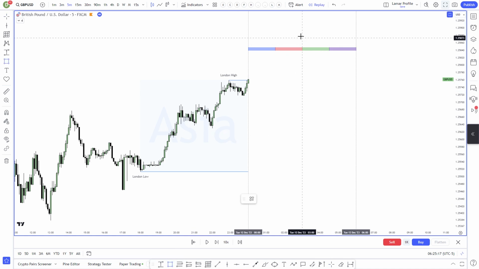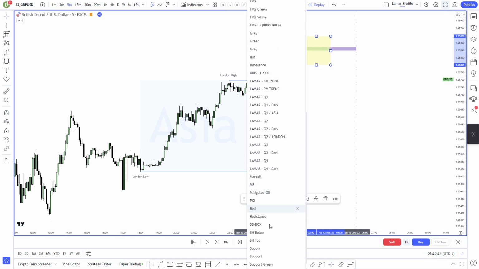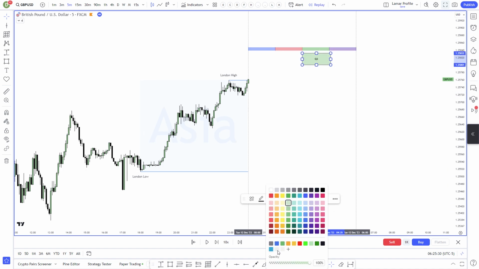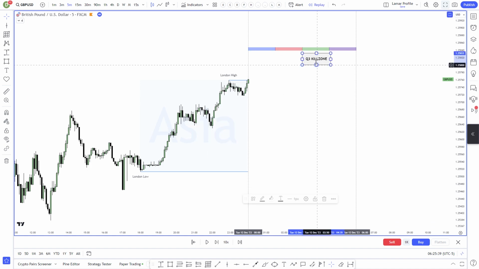This is where we'd be looking to take trades lower, right? So we can mark that out as our Q3. We'll say Q3 kill zone. This is the only area in which we're looking to take trades.